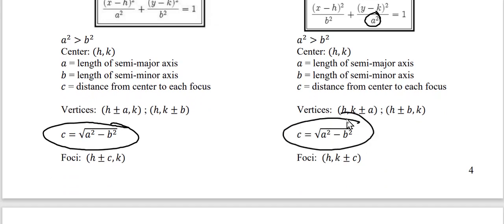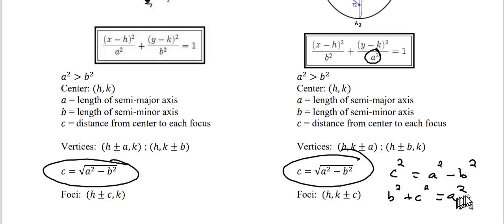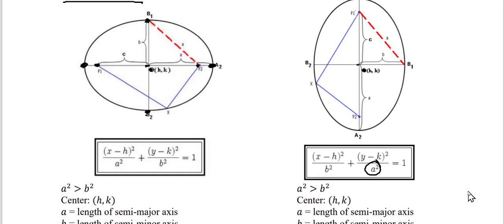This is the one thing that you may need to really know. I don't necessarily have it memorized in that form. I think of this as C squared equals A squared minus B squared, which means B squared plus C squared equals A squared. And that is intuitive to me because which of these distances is the biggest in these examples? A, B, or C?